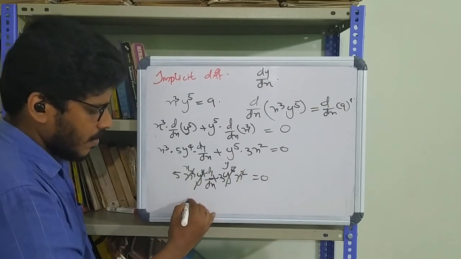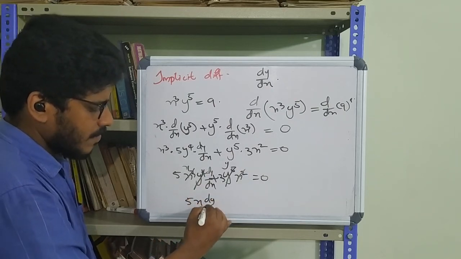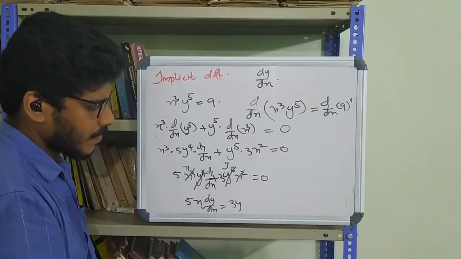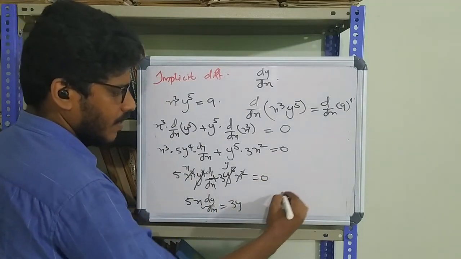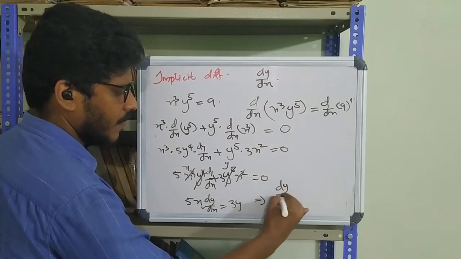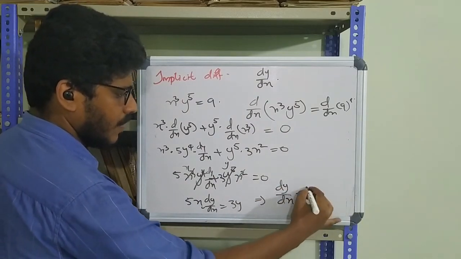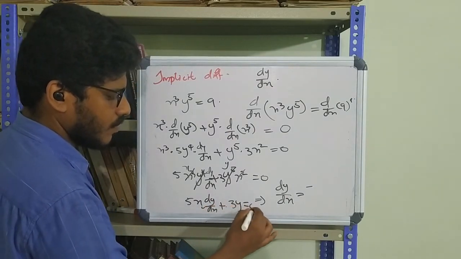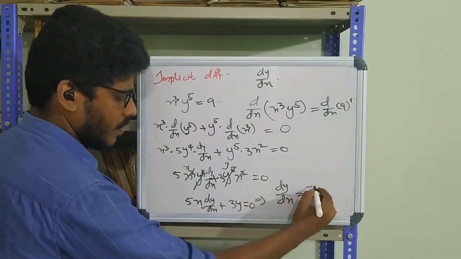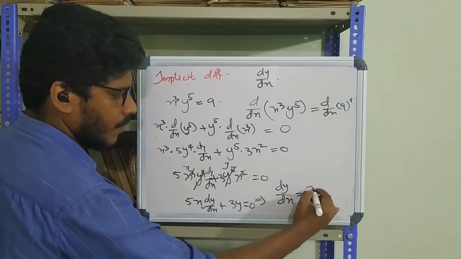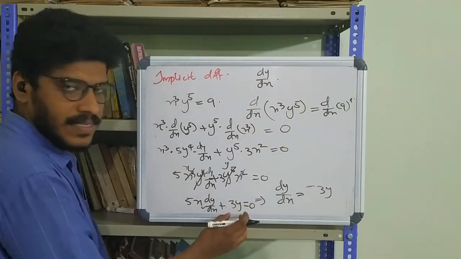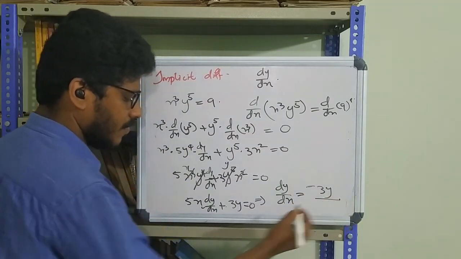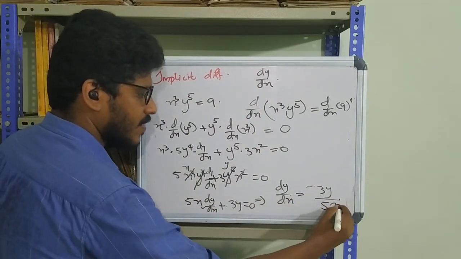Which means 5x dy/dx plus 3y is equal to 0. Then simplifying again, dy/dx equals minus 3y, since this 3y can be taken to the right side of the equality, divided by 5x.